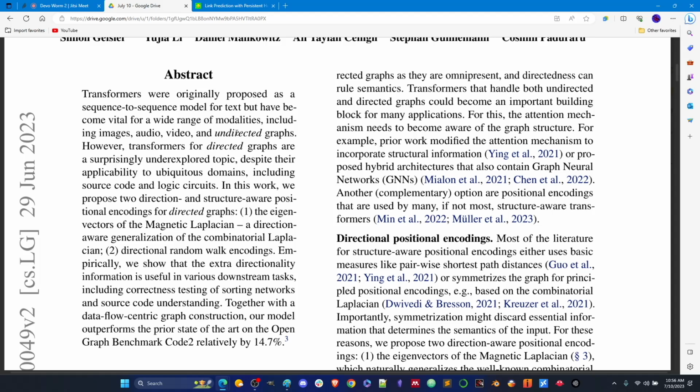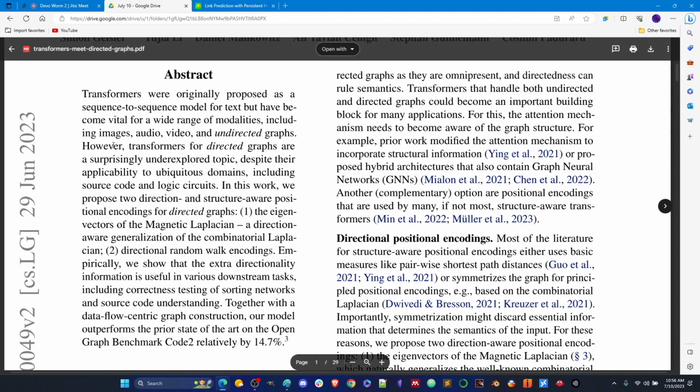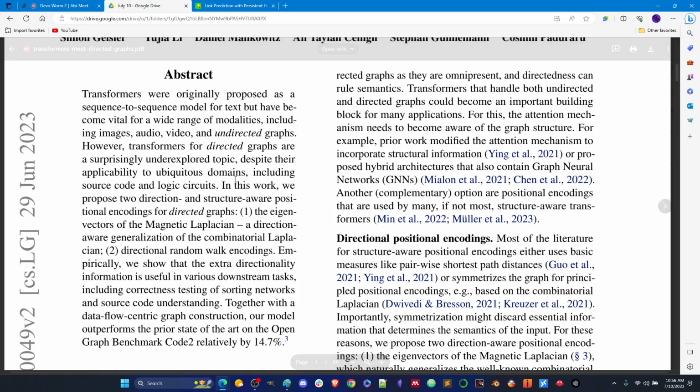And so you're trying to do these things where you have some information about the direction of your graph. However, transformers for directed graphs are surprisingly underexplored, despite their applicability to ubiquitous domains, including source code and logic circuits, and development. So we'll put that in there.